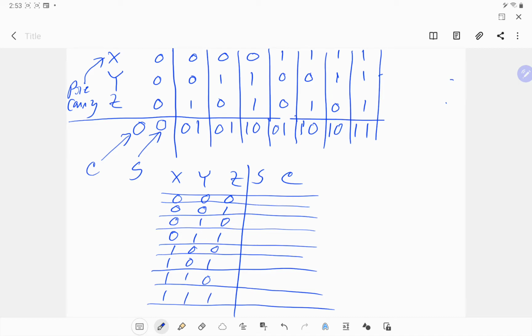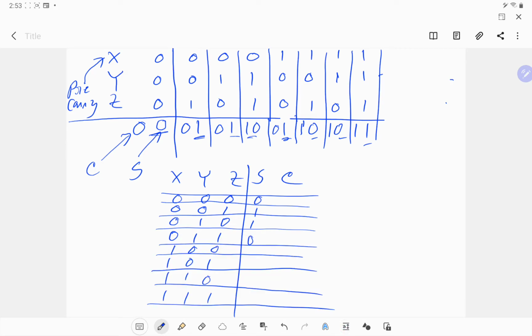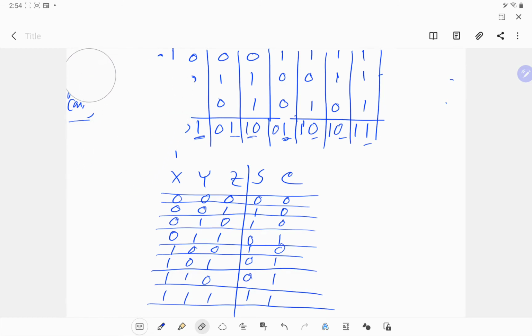So for sum we have 0 1 1 0 1 0 0 1. And for carry we have 0 0 0 1 0 1 1 1. Okay, so we got the truth table, and now we want to find the equations by using K-map.